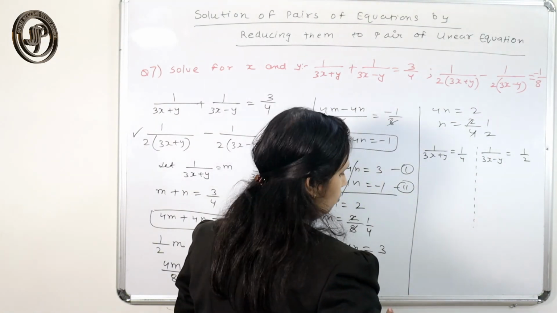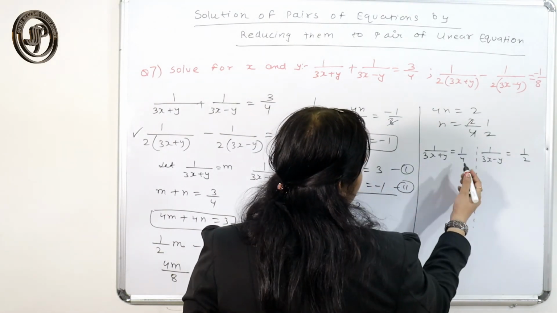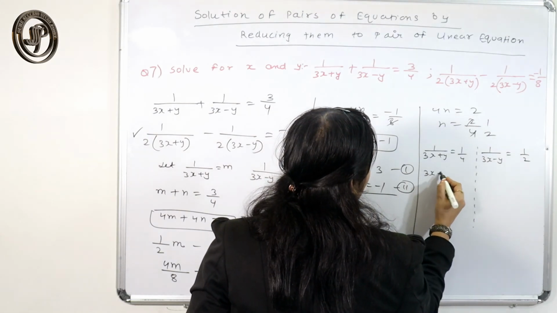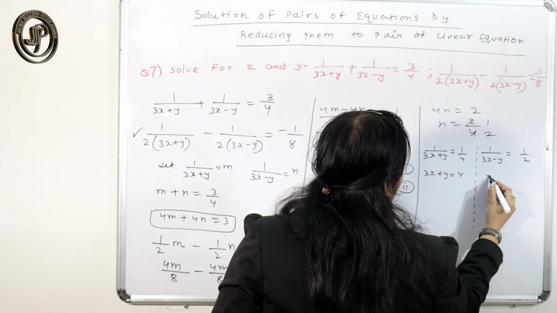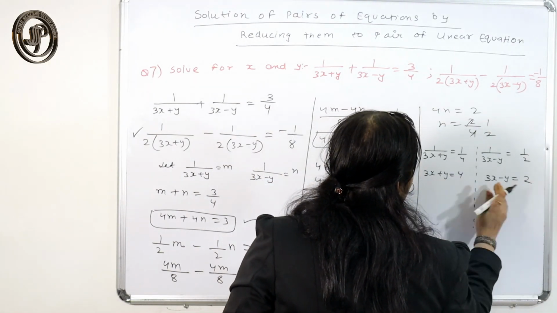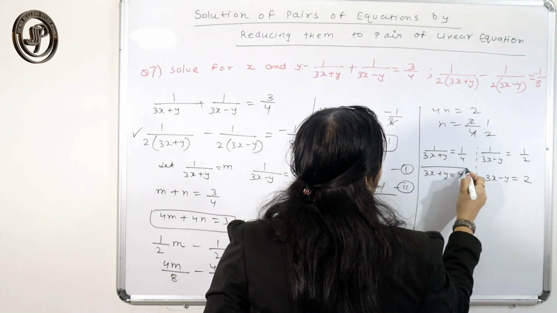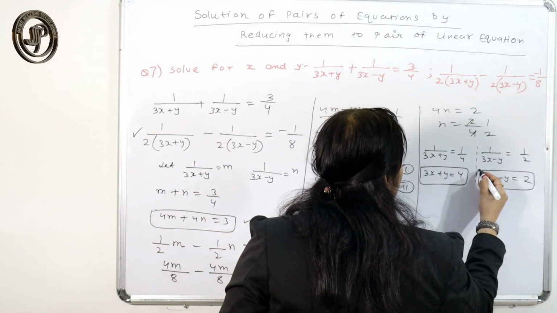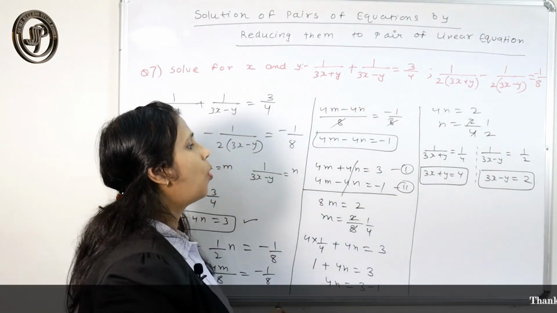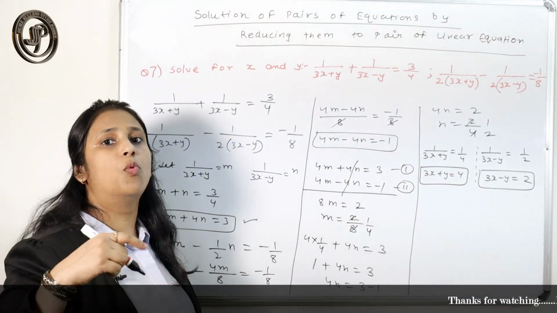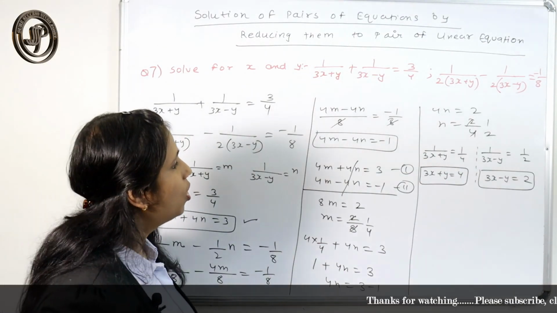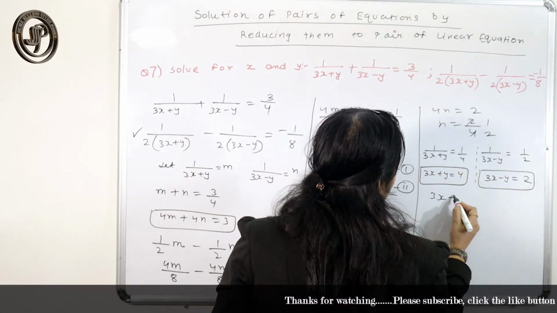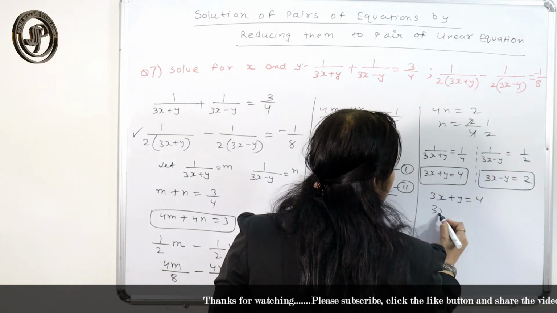Now, here you have to solve this: 3x plus y is equal to 4 and 3x minus y is equal to 2. So, here you have two more equations. So, you got one more pair of linear equations in this step. Now, you have to solve this by the same method.